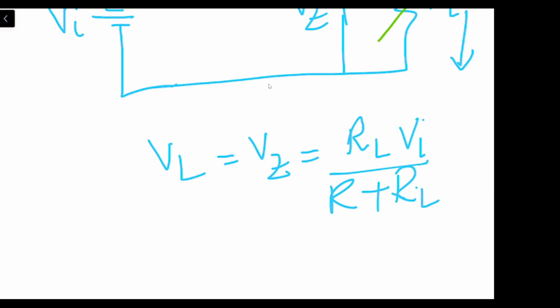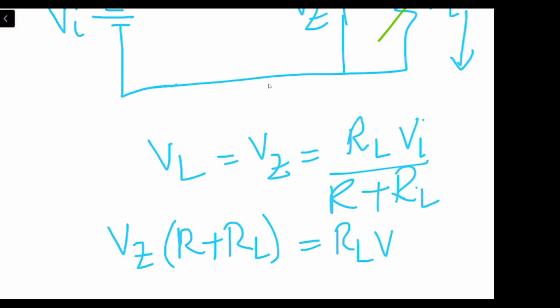Okay, ji, if I want to see what is going to be the minimum value of RL, I multiply VZ with R into RL, and this should be equal to RL into VI, right?